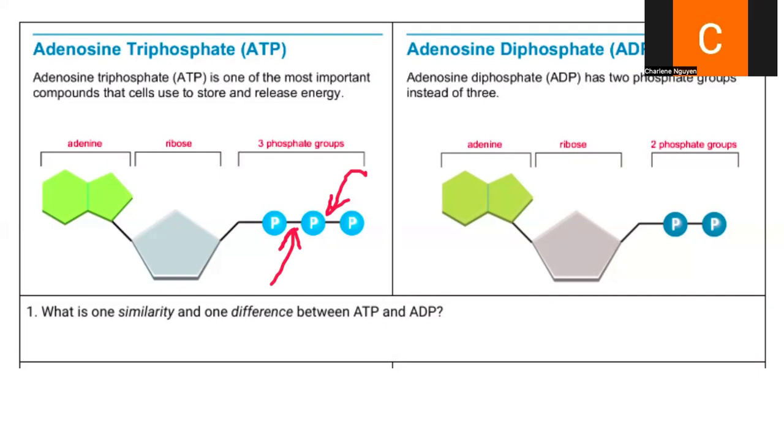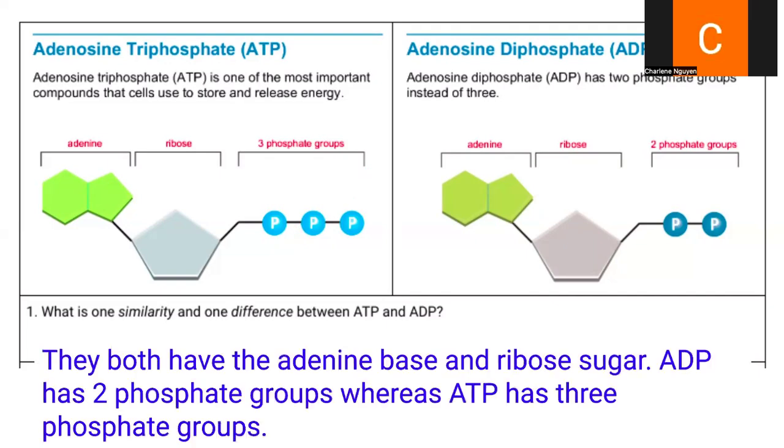What are some similarities between the two? If you said that they both have the adenine base, that's the green, and they both have the ribose sugar. The only difference is that ATP has three, and ADP only has two phosphate groups.